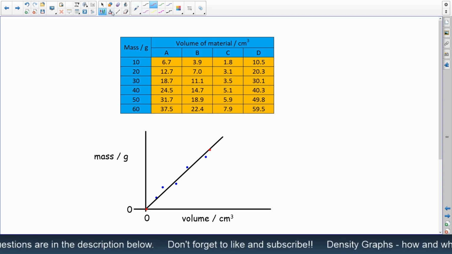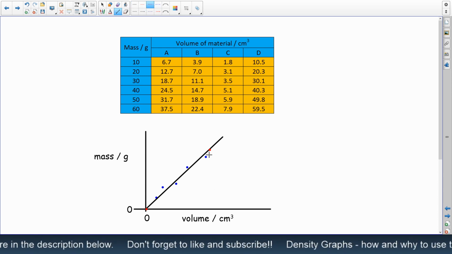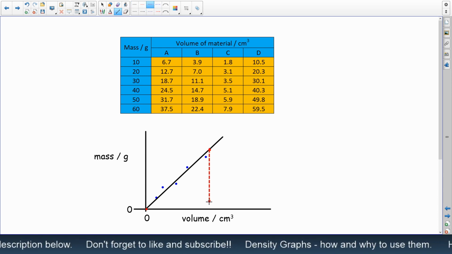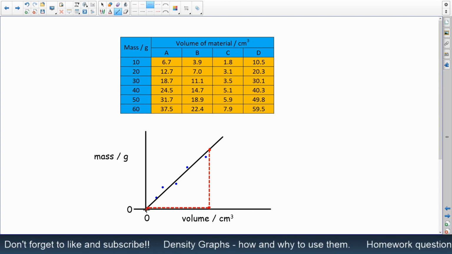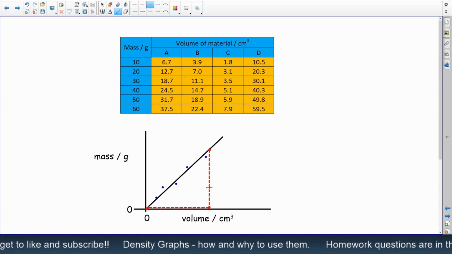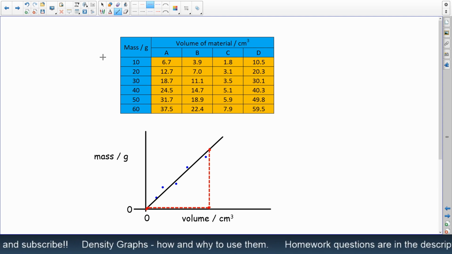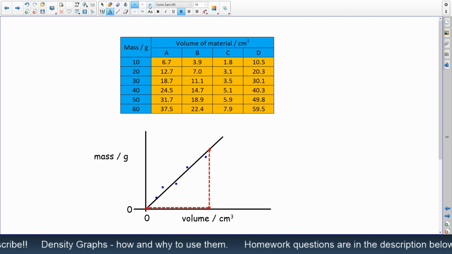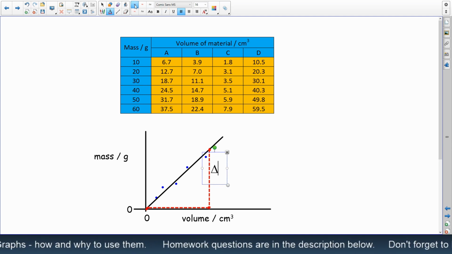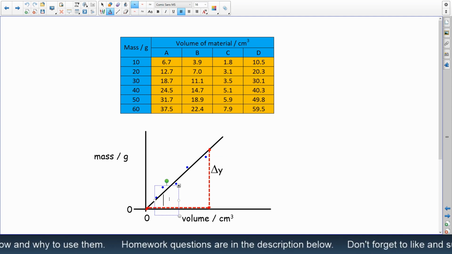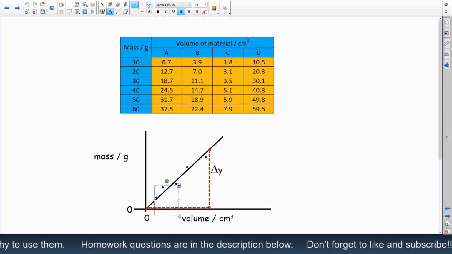Then I'm going to measure the change in y between these 2 points and the change in x between these 2 points. So my 2 points should be joined together by a right-angled triangle, like that. And this is my change in y, and this is my change in x.